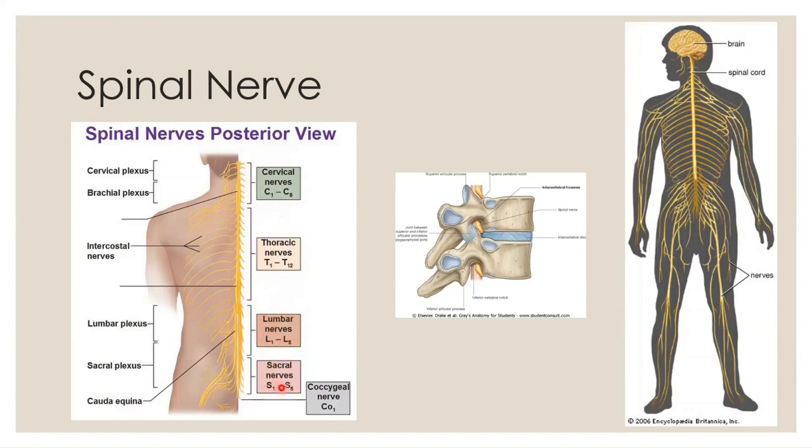We have 5 sacral vertebrae, and you have 5 sacral nerves. But in the coccygeal part, you have 4 fused coccygeal vertebrae, but you have only 1 coccygeal nerve. In this picture also, you can see how the spinal nerves are distributed within the body.